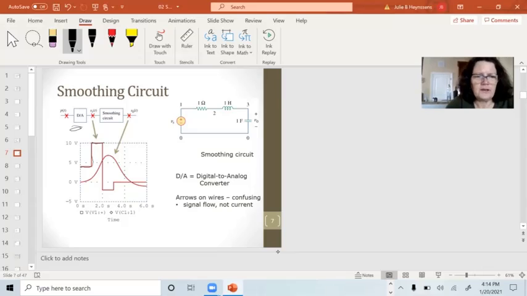I change the number on the input and I get a sudden drastic change on the output. If I want to smooth that and get a nice curve going to my circuit, and there's a lot of reasons why you want to do that if it's an analog circuit, what I'm going to do is effectively filter it, get rid of the higher frequency components here, and I can smooth it out.